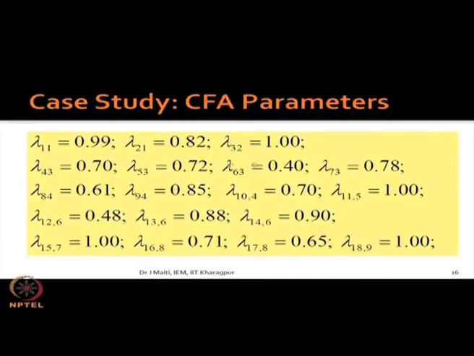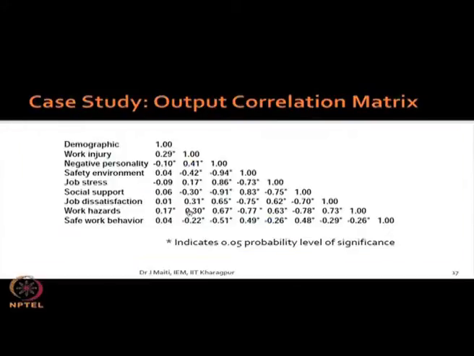Getting me? That is what we have done, and we have done this with the help of these lambda values and the error terms. You are getting these values, and this is a very, very important one, because this will be used in the structural model as input to the structural model in structural equation modeling.